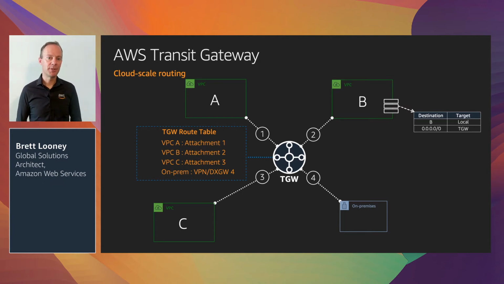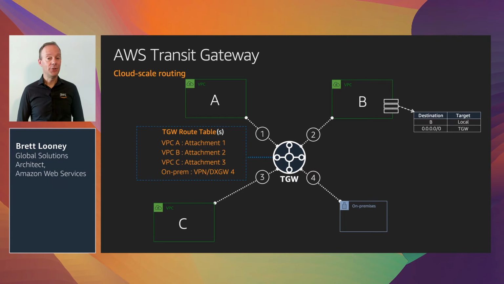And that includes our on-premises network that can be connected via VPN or via Direct Connect Gateway, which is why we covered that earlier. And every time we attach more VPCs to this, we don't have to go in and update the route table for VPC B. Just like with VPC route tables, you can only assign a single Transit Gateway route table to a VPC. Because again, as the packet is leaving the VPC, we look it up in the route table, and that's where we decide to go.